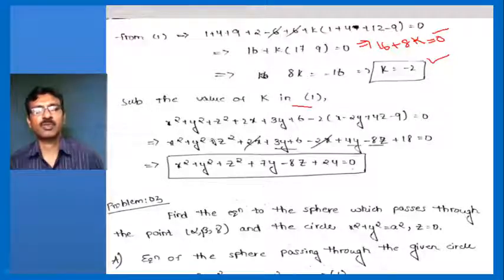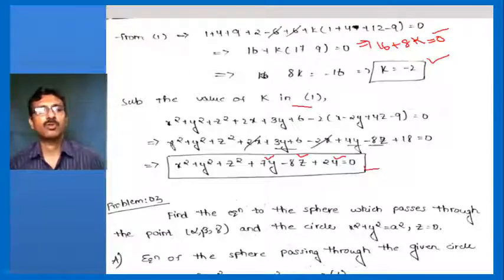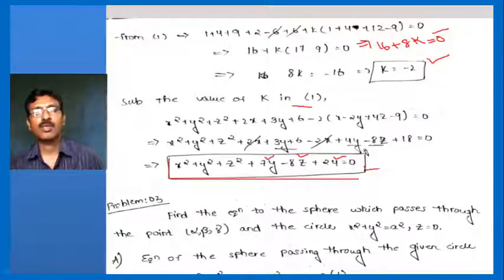On simplification, x square plus y square plus z square plus 2x plus 3y plus 6 minus 2x plus 4y minus 8z plus 18 equal to 0. x square plus y square plus z square, 2x minus 2x get cancelled, 3 plus 4, 7y, and minus 8z, 6 plus 18, 24 equal to 0. x square plus y square plus z square plus 7y minus 8z plus 24 equal to 0, which is the required equation of a sphere.